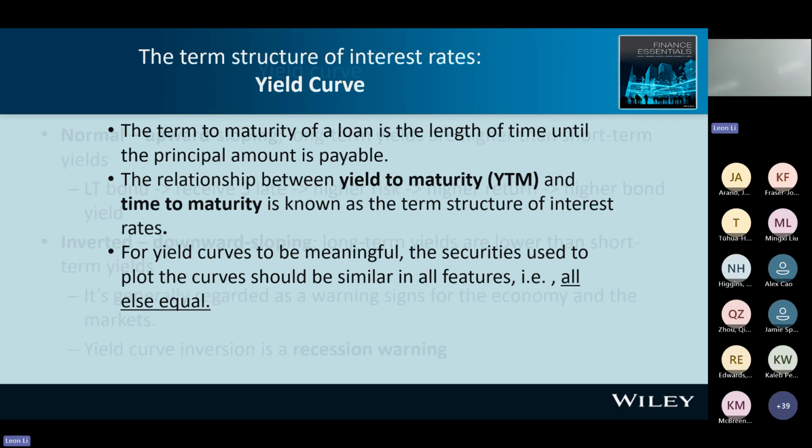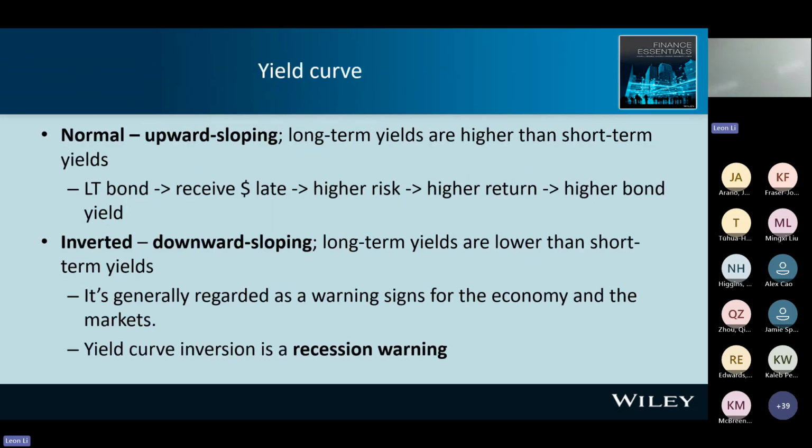So next slide. Yield curve, the normal one, is upward sloping. So long-term yield, that means return, long-term rates are higher than short-term rates. This is normal. The reason is simple. When I think about a long-term bond, if I'm the investor of the long-term bond, I receive the money late.